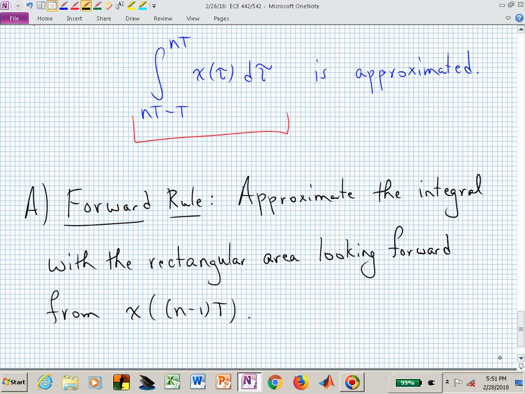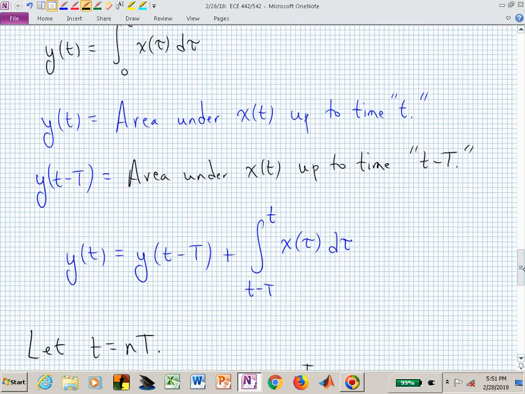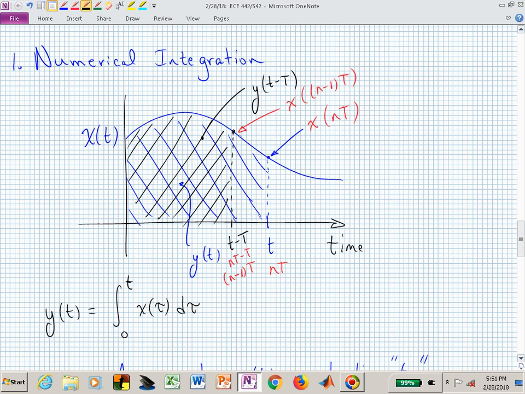Or if we go back to the picture, we're now approximating this blue shaded area by taking this value and just going over and holding that, looking forward one sample period.